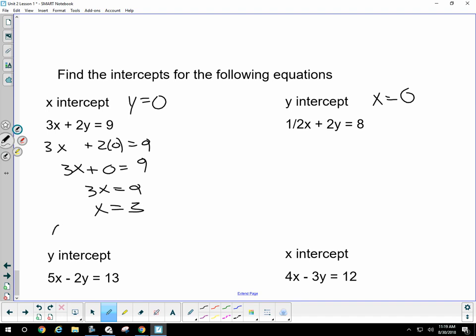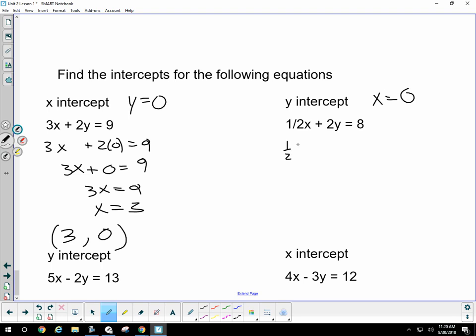It's very important to list off that the solution is 3, 0. That is the point at which this line crosses the x-axis.